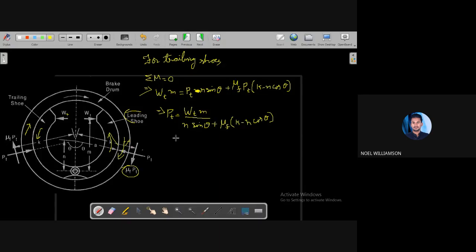So here also we will get the relation for braking torque.